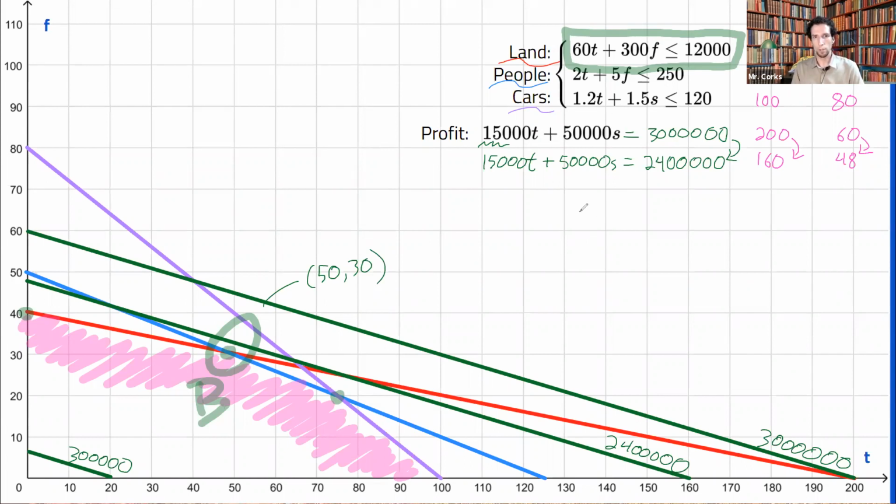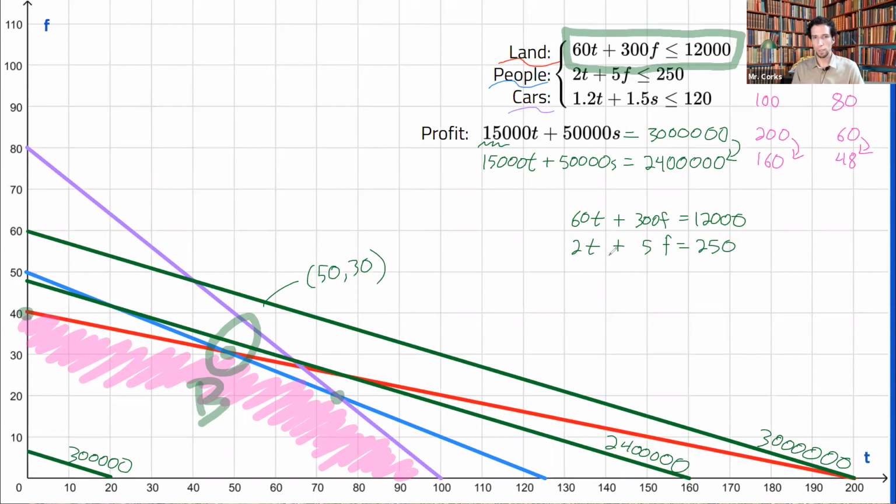So we have these two: 60T plus 300F is equal to 12,000, because we're on the line here, and then 2T plus 5F is equal to 250. Okay, let's do elimination. Do we want to eliminate the T or the F here?